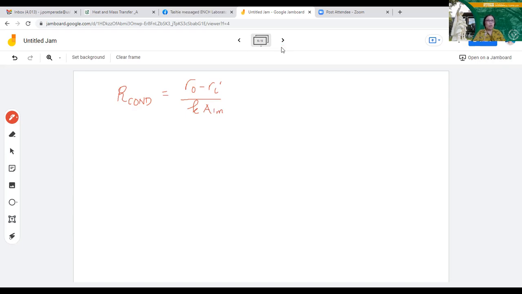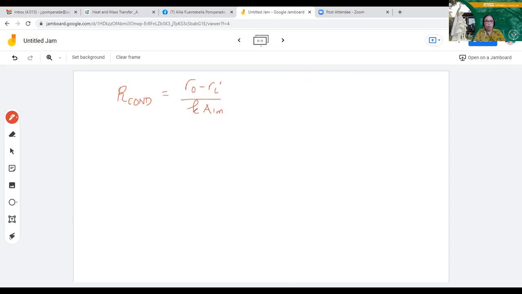This is the common mistake of my students. Whenever they see an LM here, especially on the topic of convective heat transfer, they misunderstand that the area to be determined here is the log mean area. No, class, the log mean area is written in this form.